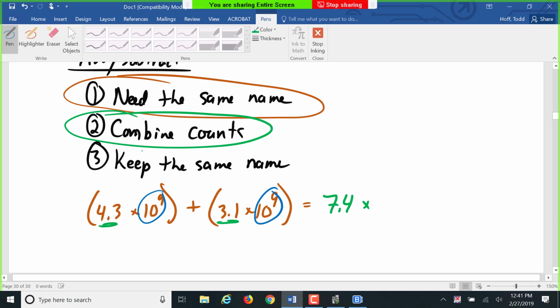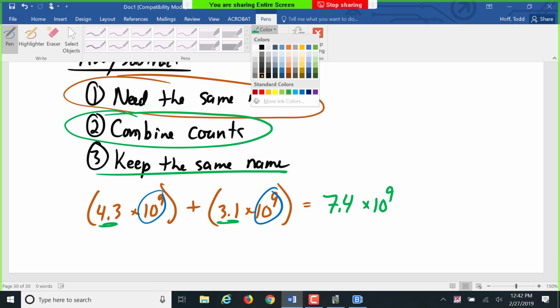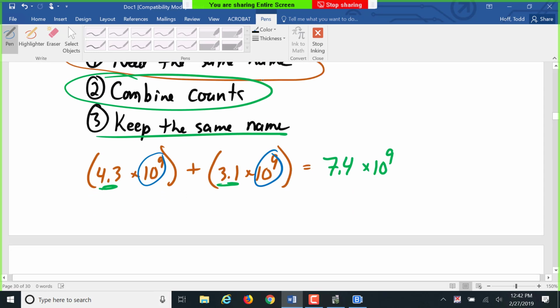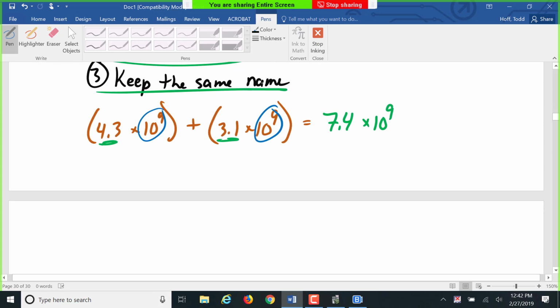Good. Then we keep the same name, so it's times 10 to the 9th. So our rules for adding numbers in scientific notation are the exact same rules for adding numbers in any other form.